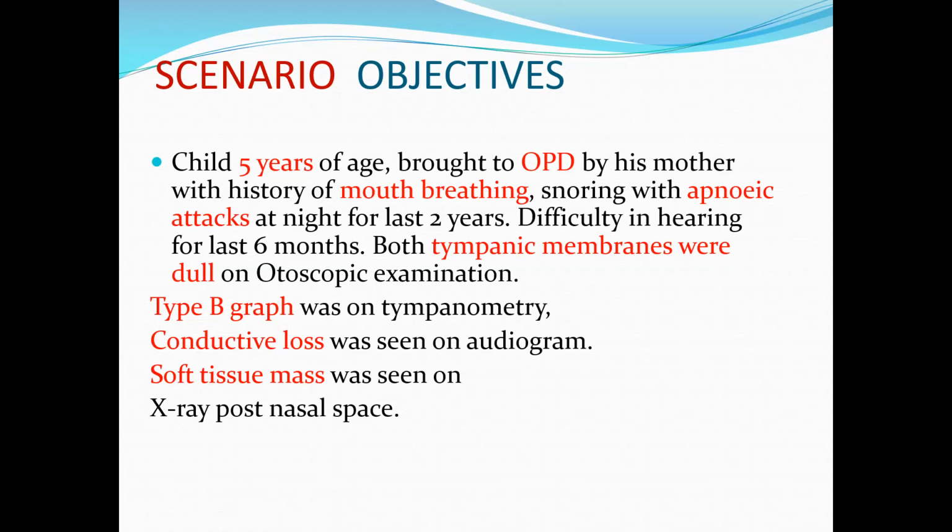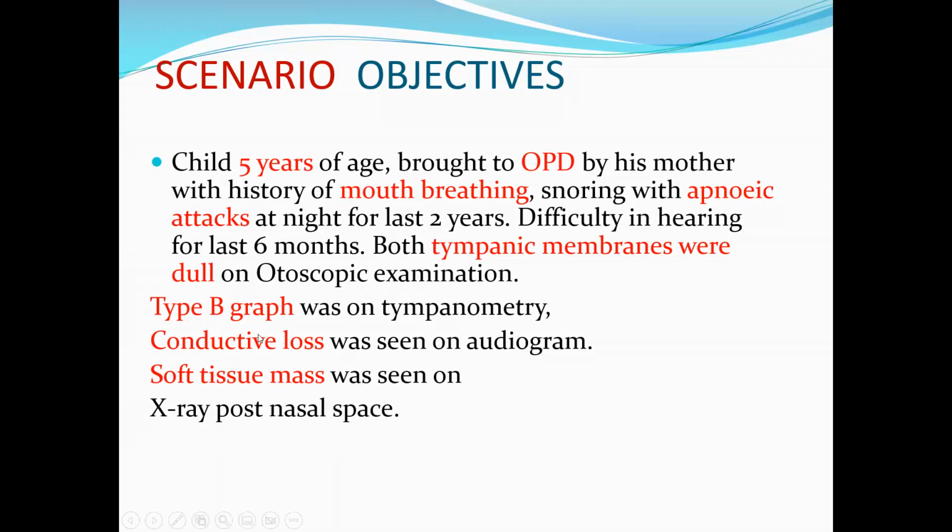When we examine the tympanic membrane, we will see a dull tympanic membrane on otoscopic examination. When we advise the test, that is tympanometry, by which we can assess the function of the eustachian tube and whatever is present in the middle ear. Normally air is present in the middle ear, but if there is fluid, we will get a type B graph.